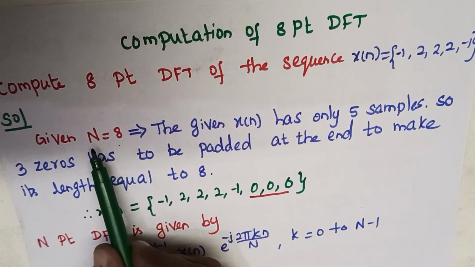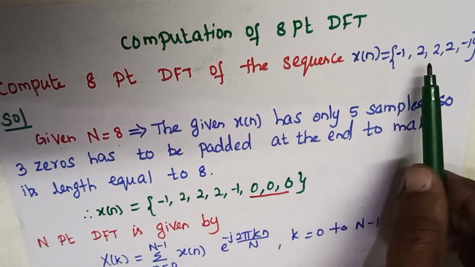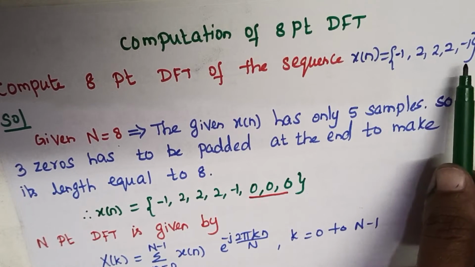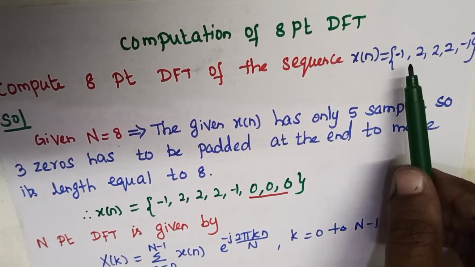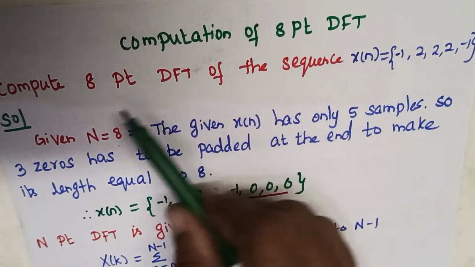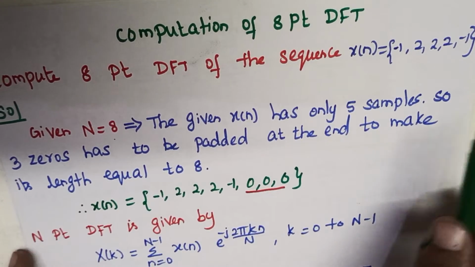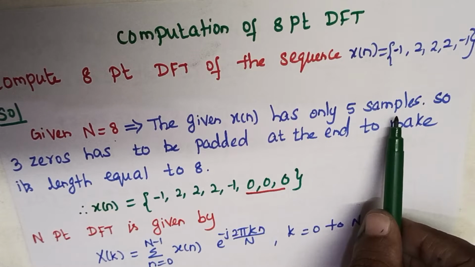If I want to find this 8-point DFT, I must have 8 samples in my given input sequence. But if you look here, the given sequence x of n has only 5 samples.